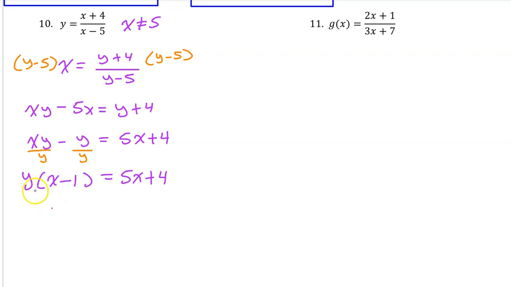We can get the y completely by itself by dividing both sides of the equation by x minus 1. So we will end up with y equals 5x plus 4 over x minus 1.